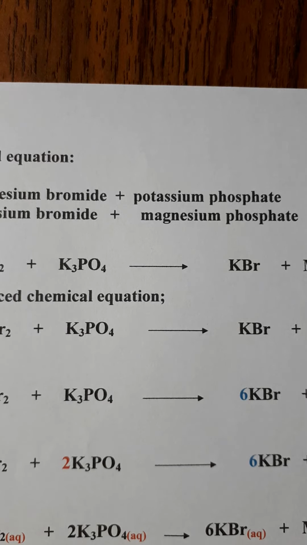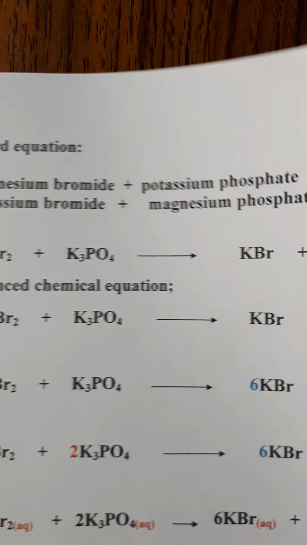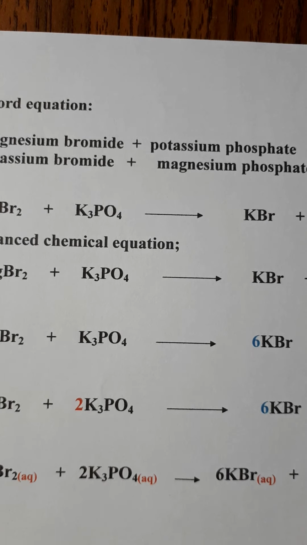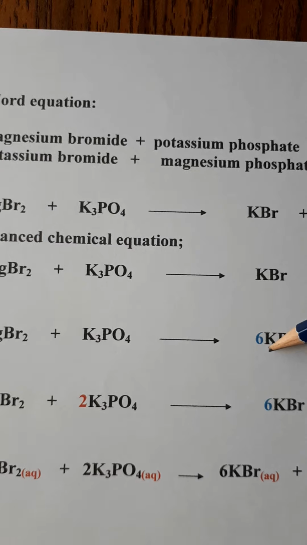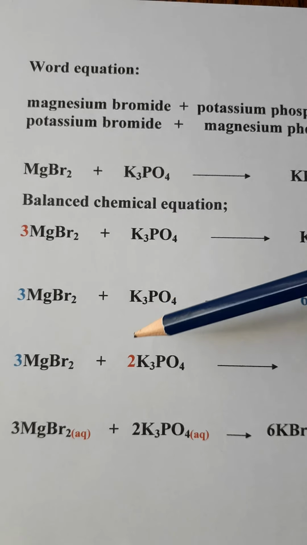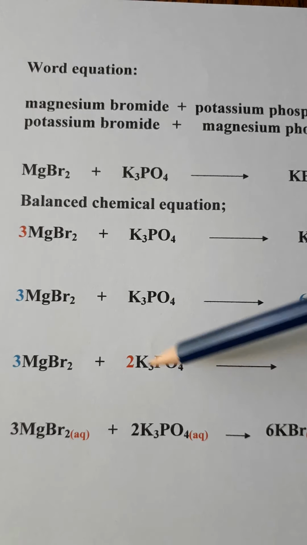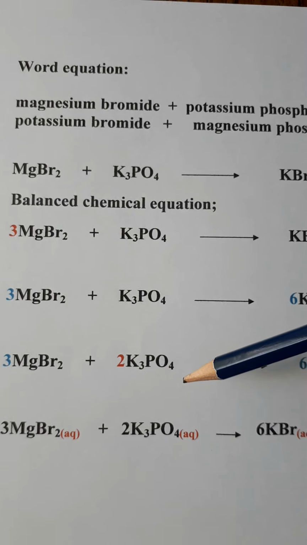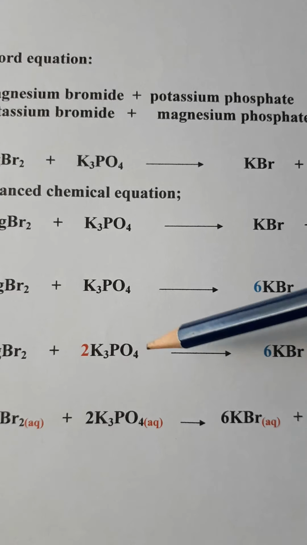What is the next step? When you put 6 there, number of potassium ions becomes 6. Therefore you put 2 here, so that 2 times 3, 6. Now you will see that automatically your phosphate ions are balanced.